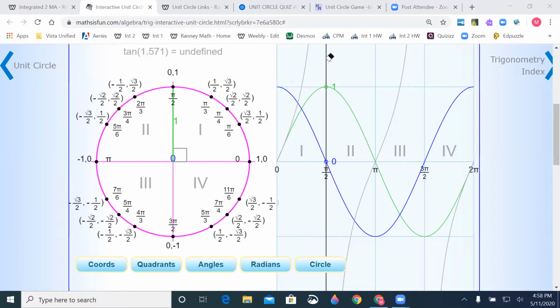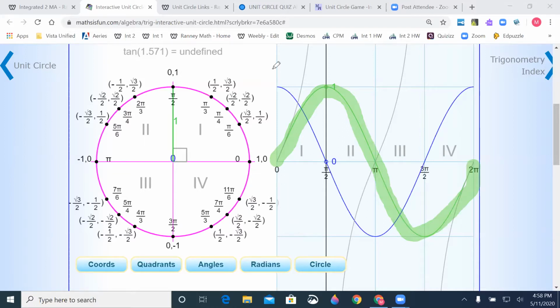Let me get a green, and let me get it a little fatter than that. And again, I don't want the eraser. So let me grab my draw again, and I'll get it a little fatter. Okay, so this one right here is the one we're going to be looking at. That's going to be our sine graph.